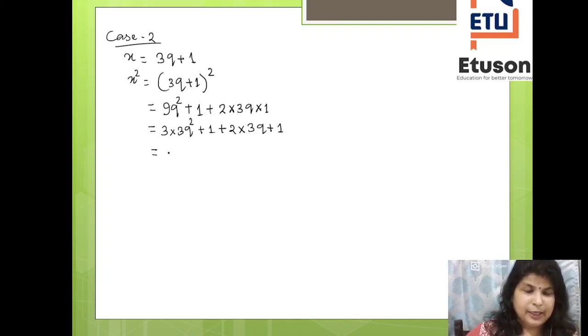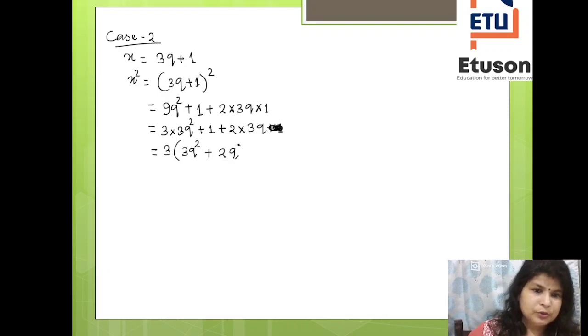So you will get 3 into 3q square plus 2q, then the remaining is plus 1.